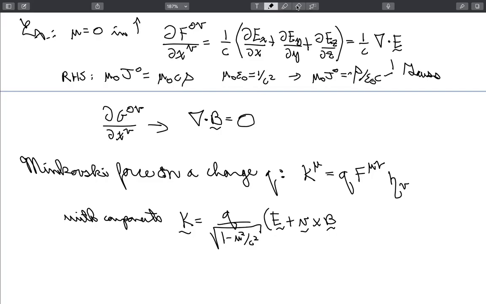I'm using u as the velocity here. Okay, so this is just the Lorentz force, and then the Minkowski force.